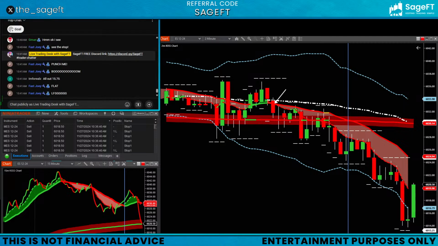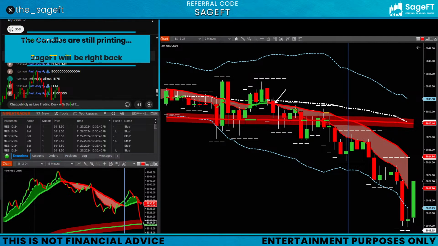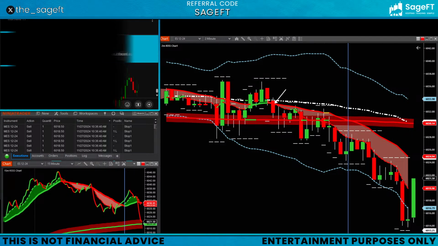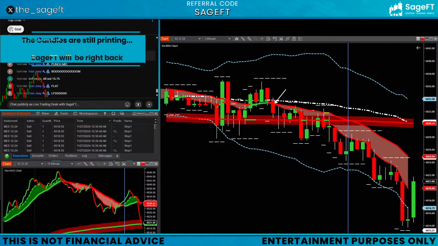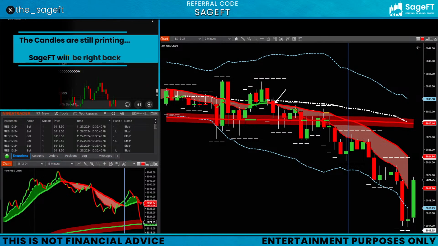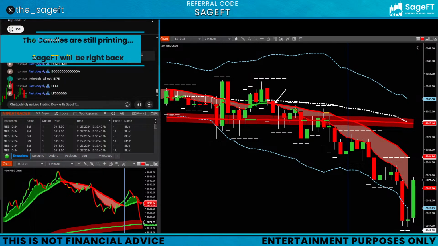Notice the complete failure of the exact gap fill at 38.25. According to Ninja, the close yesterday was 38.25. We hit exactly 38.25.